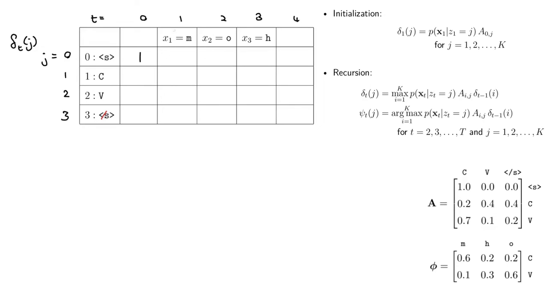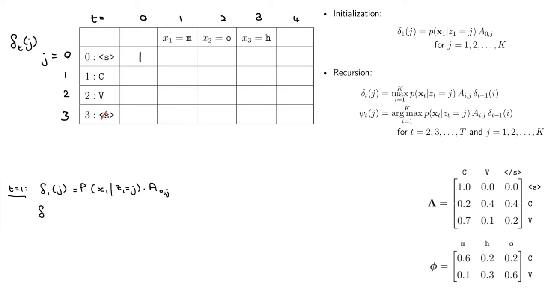We're in time step 1, and we're looking at these deltas for the different states. So let's do t equals 1. The equation for the first time step, for the different state j, is just equal to the probability of outputting the first observation, and I'll write all of this in capital letters because it's discrete, given that I'm in this specific state at time step 1, times the transition probability of going from my start state into the state j.